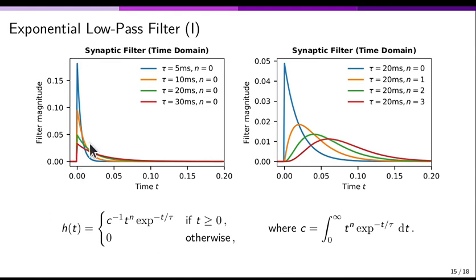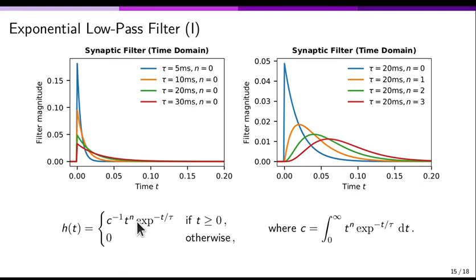Then the shape of this curve, there's a variety of them that are out there. The simplest one only has this one parameter, tau. And this factor here can make it a more complex filter.